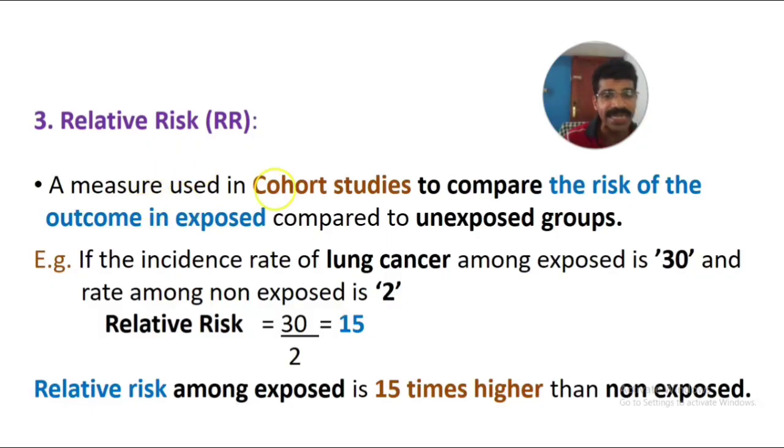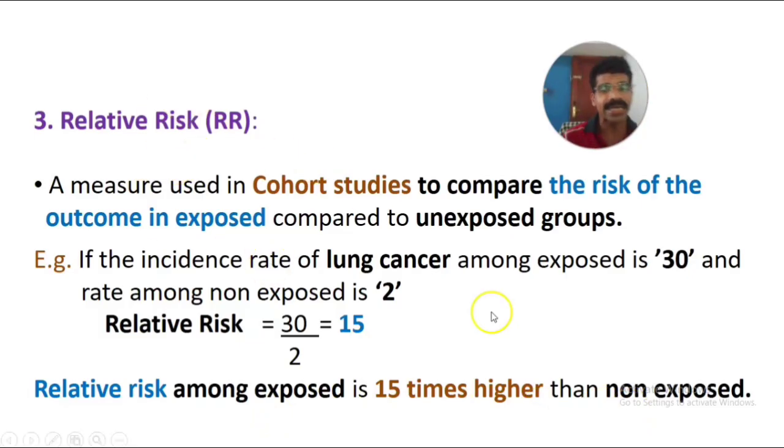For example, if the incidence rate of lung cancer among the exposed people in a given community is 30 and the rate among non-exposed is only 2, the relative risk is 30 divided by 2, that is, incidence rate among exposed divided by incidence rate among unexposed, which gives 15. So the relative risk among exposed people for lung cancer in the community is 15 times higher than the non-exposed people.